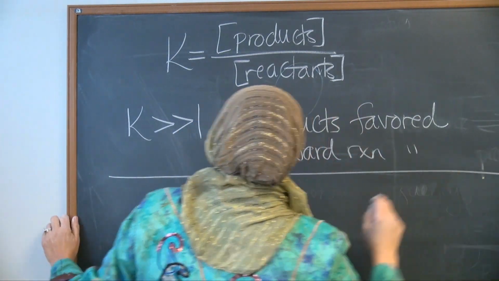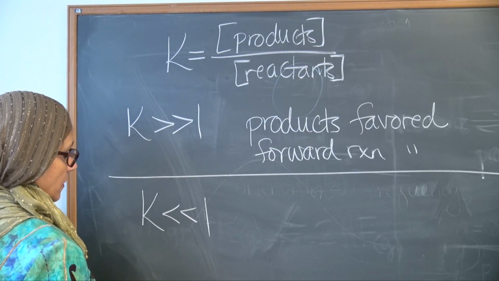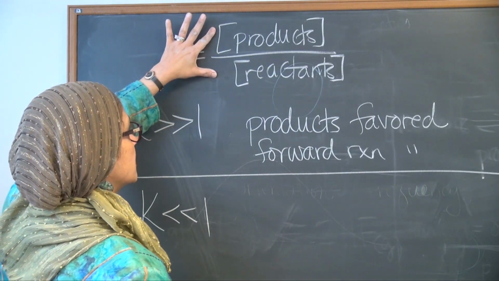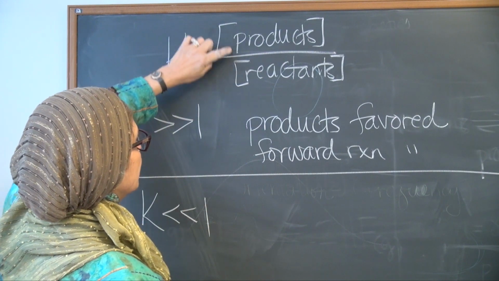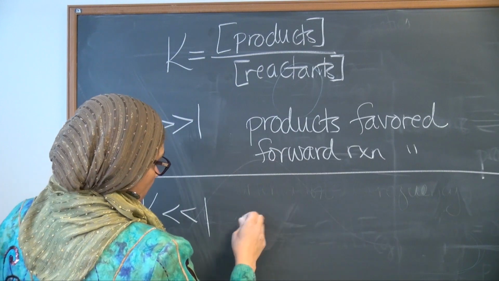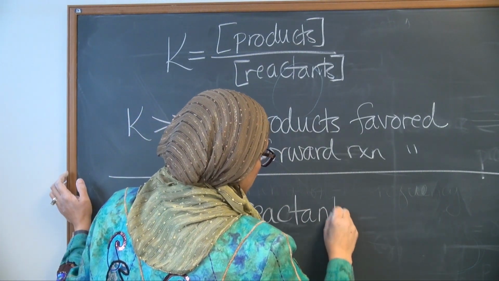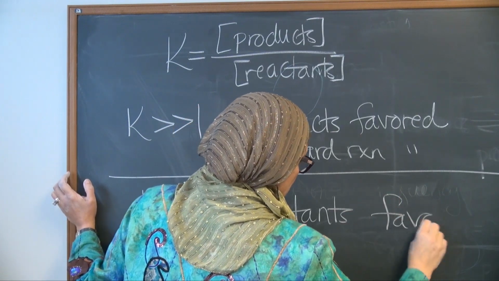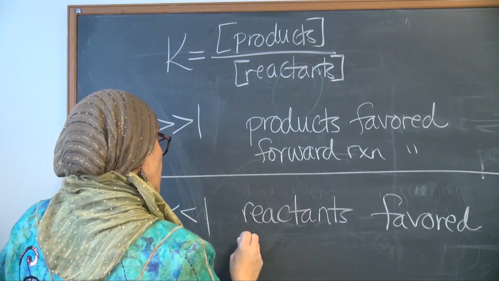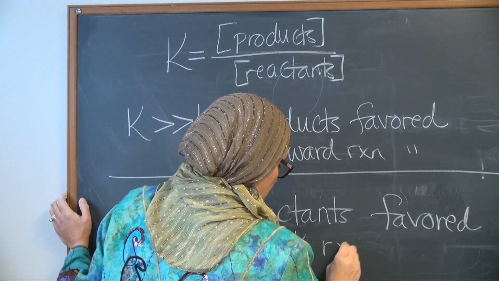Now, what does it mean if the value of K is a small value, less than 1? Well, if it's less than 1, it means that this ratio is less than 1. That means the numerator is less than the denominator, or the reactants are in greater amount. That means the reactants are favored. And the reaction that produces reactants, the reverse or the back reaction, is favored.